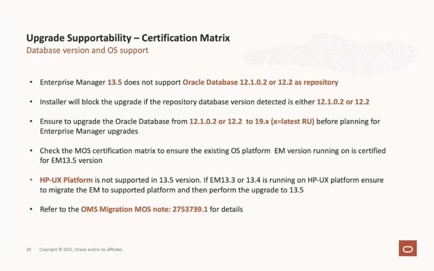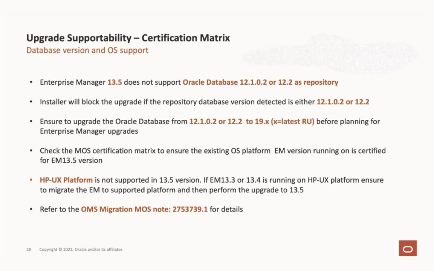Also, one of the other important things that we have done with respect to 13.5 is we have dropped the HP UX platform for OMS. So there will not be any 13.5 software available for HP UX for deploying OMS alone. We are still shipping the agent software on HP UX, but not OMS.